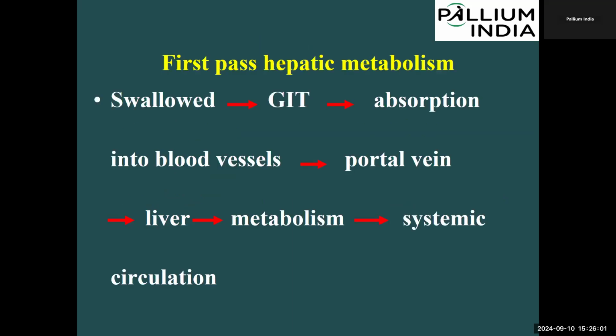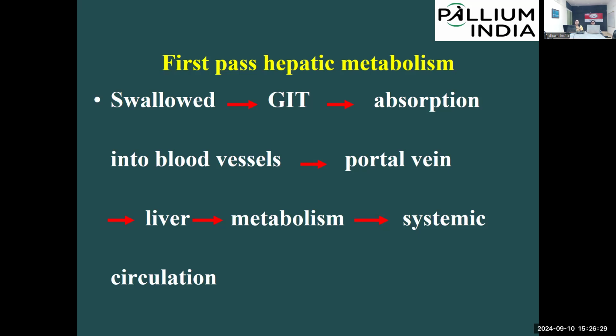Now moving on to the metabolism. When morphine is taken orally, it reaches the gastrointestinal tract and is absorbed into the blood vessels. It undergoes first pass hepatic metabolism. Through the portal vein circulation, it reaches the liver, and in the liver morphine gets metabolized.